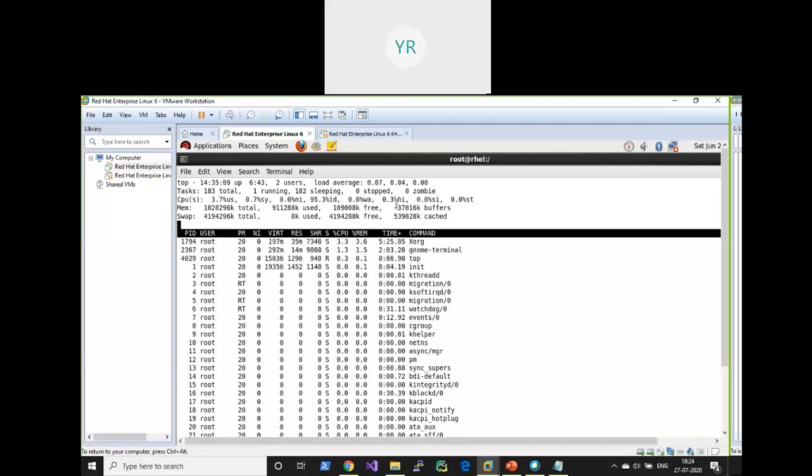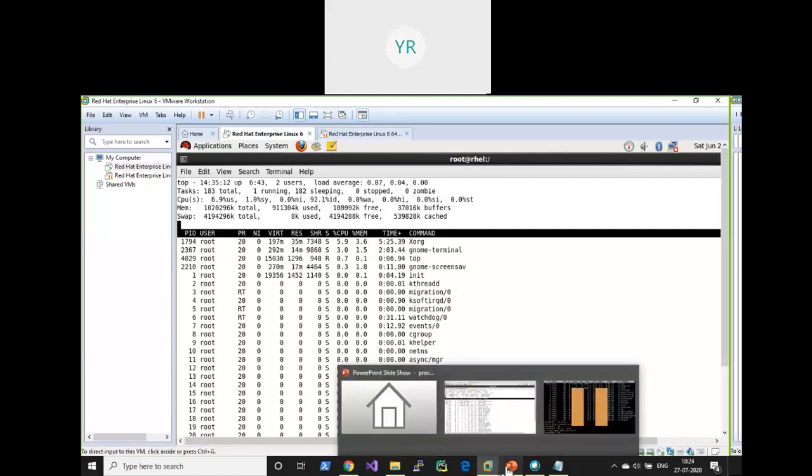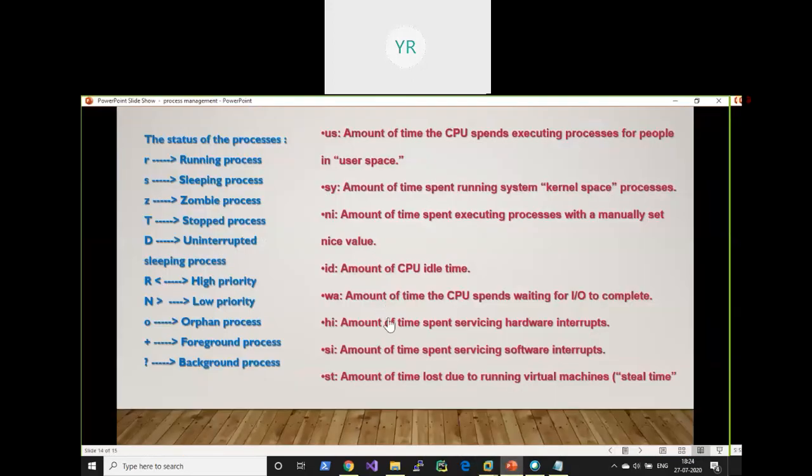Next two are HI and SI. These two are hardware interrupts and software interrupts. The amount of time spent on servicing hardware interrupts, and the amount of time spent on servicing software interrupts. Hardware interrupts means the interrupts from the hardware, like disks, input output devices.